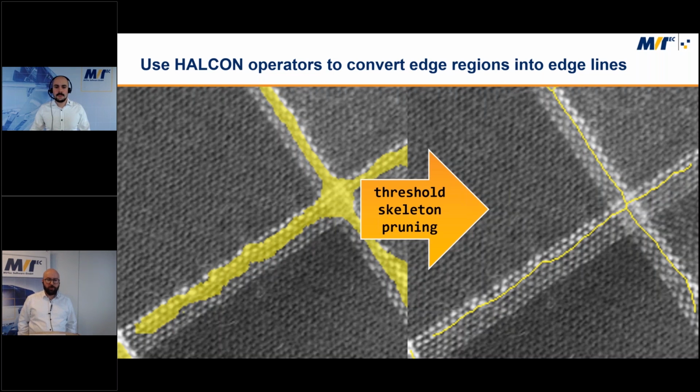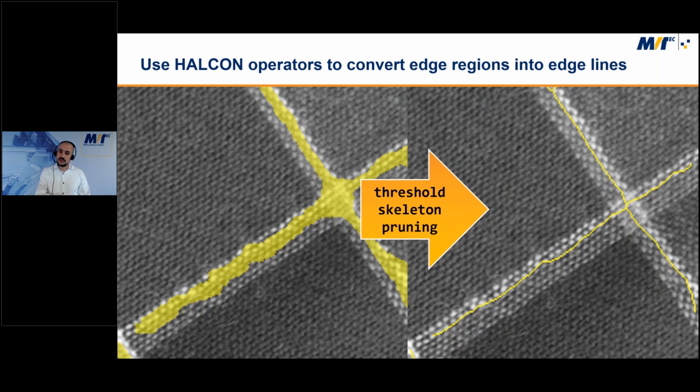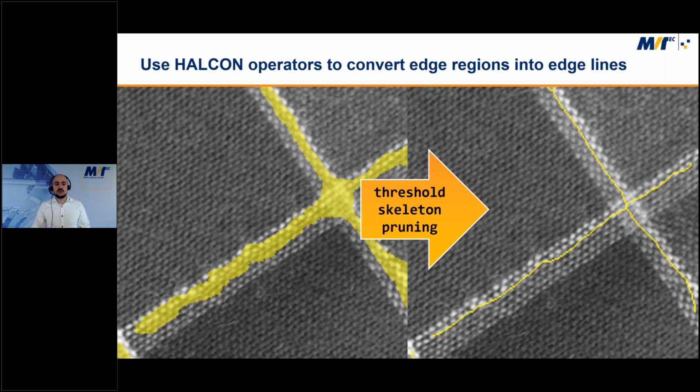Okay, Mario, regarding this, another question popped up by various users. How about the accuracy here? Does this extraction approach return subpixel accurate results? Good question. No, it doesn't. It's based on regions so far. So you have a region, and what you will get here on the right is also a region of where this edge is located.